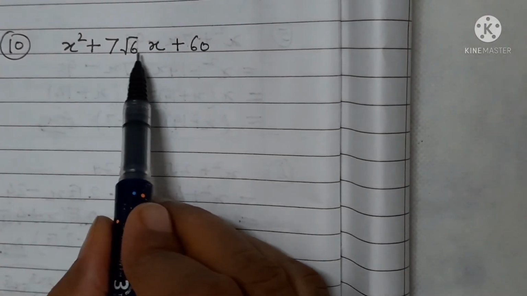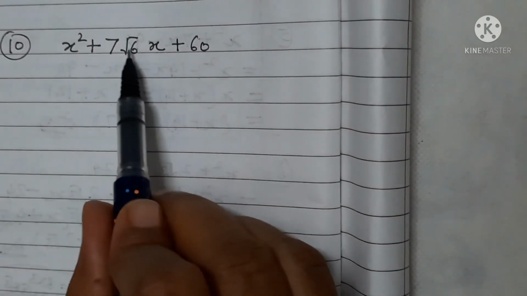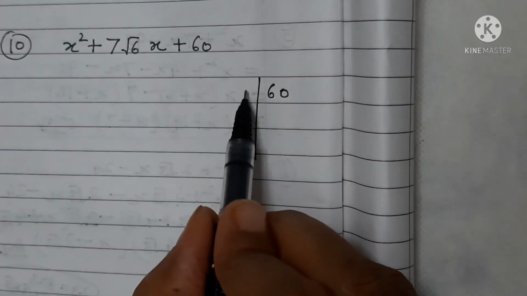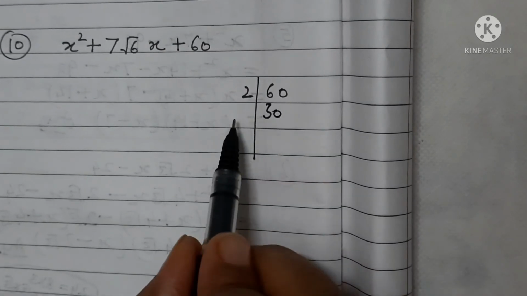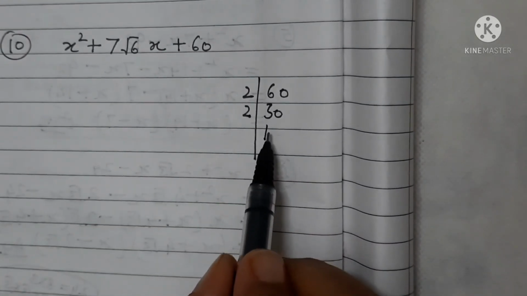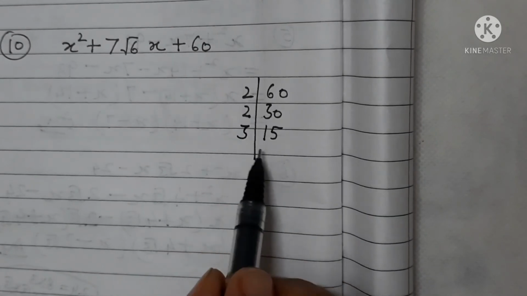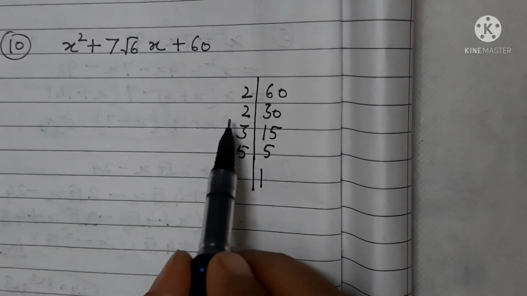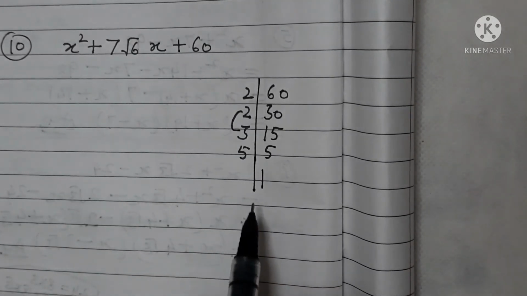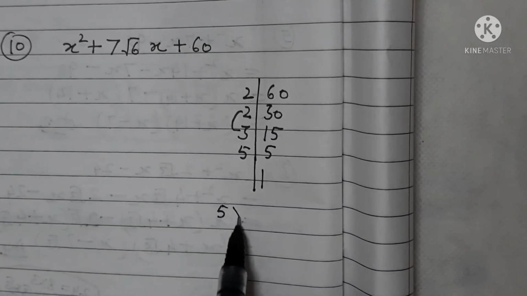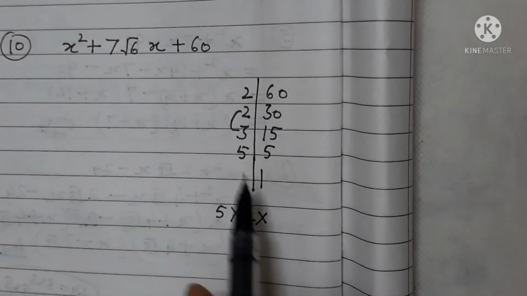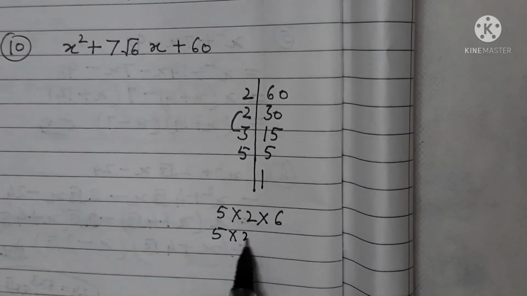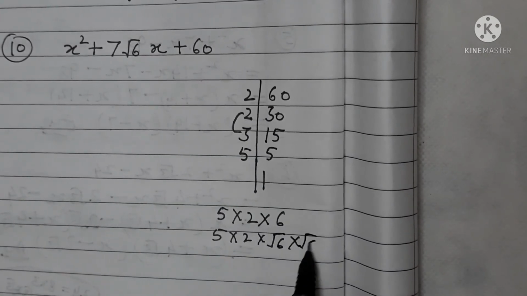x square plus 7 root 6 x plus 60. So here root 6 is the requirement. So find the factors. 2 3s are 6, 0, 2 1s are 2, 5 3s are 15 and 5 1s are 5. Now here 2 3s are 6, so you can write it 5 into 2 into 5 into 2 into 6 and break it into 5 into 2 into root 6 into root 6.